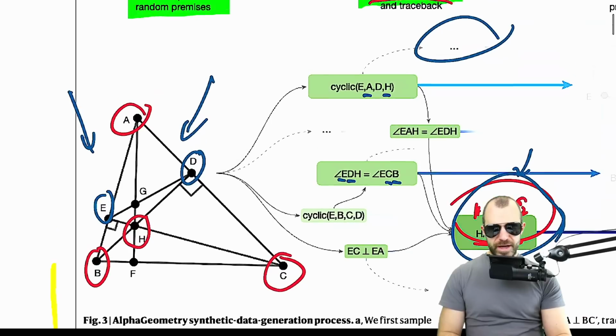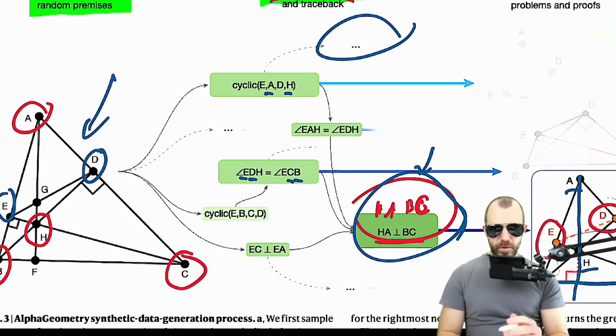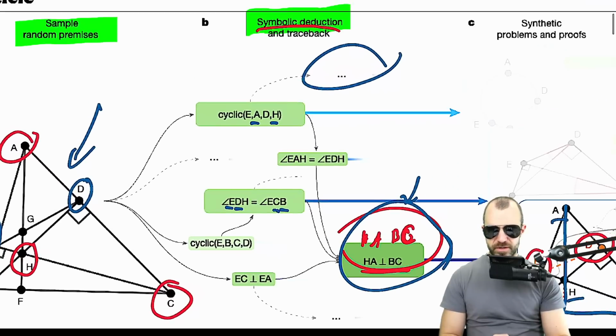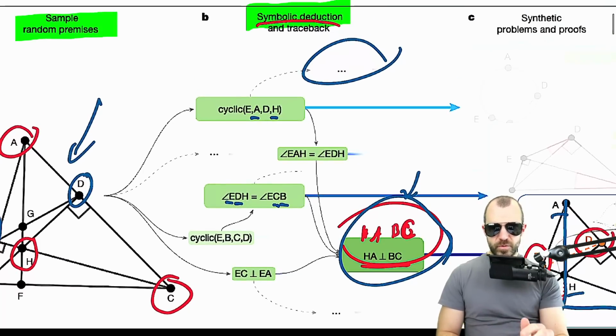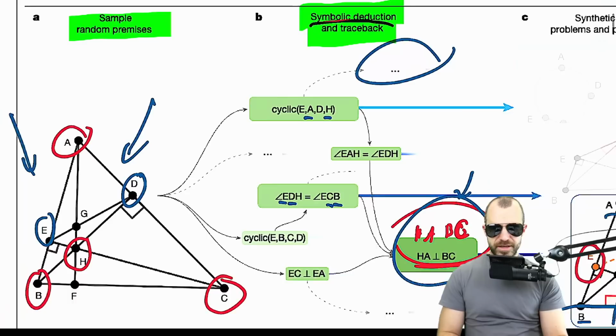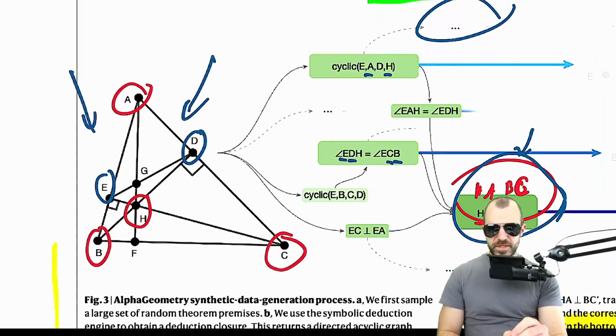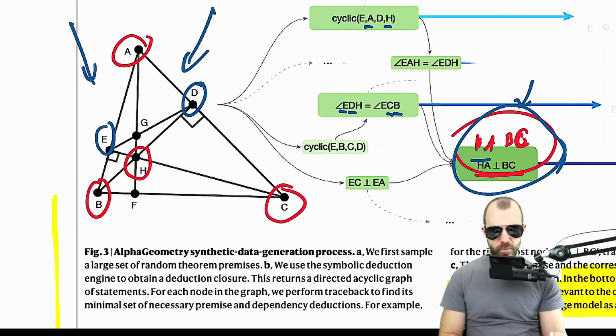Then we do a kind of a closure of all the things we could possibly say about what we've constructed. This is the symbolic deduction part. Then we pick one of these and we do what they call a traceback. The traceback is we'll look at all the nodes that are required to prove the statement that we picked.